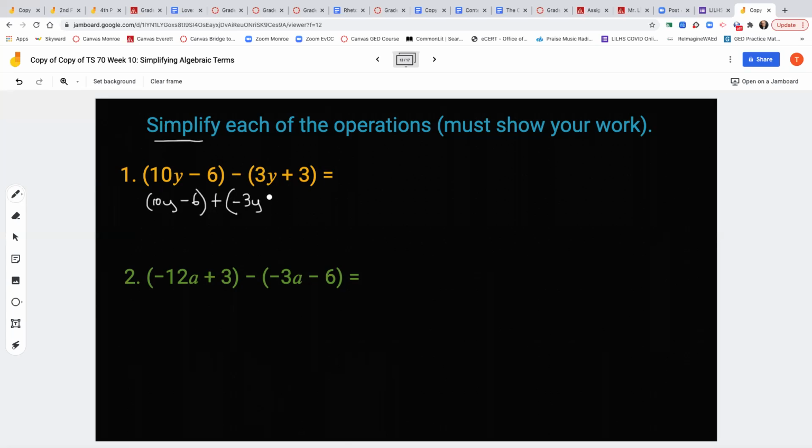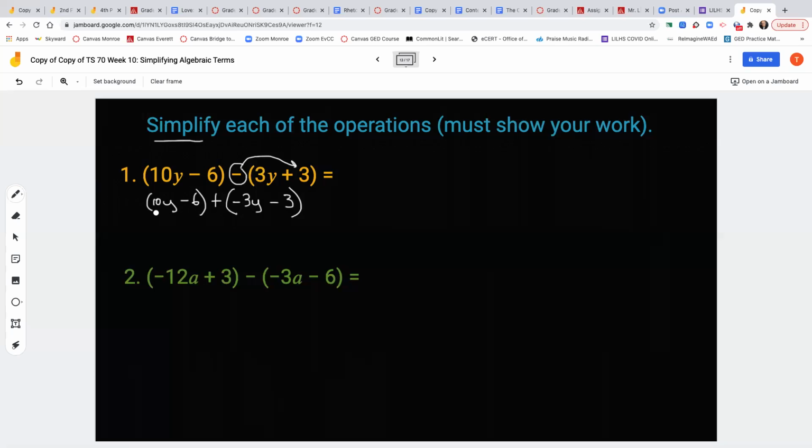And I'm going to do minus 3. If you're wondering how I got minus 3 here, it's because the minus sign right here applied to this plus right here. If this was minus 3, then it would now be a plus 3 down here.